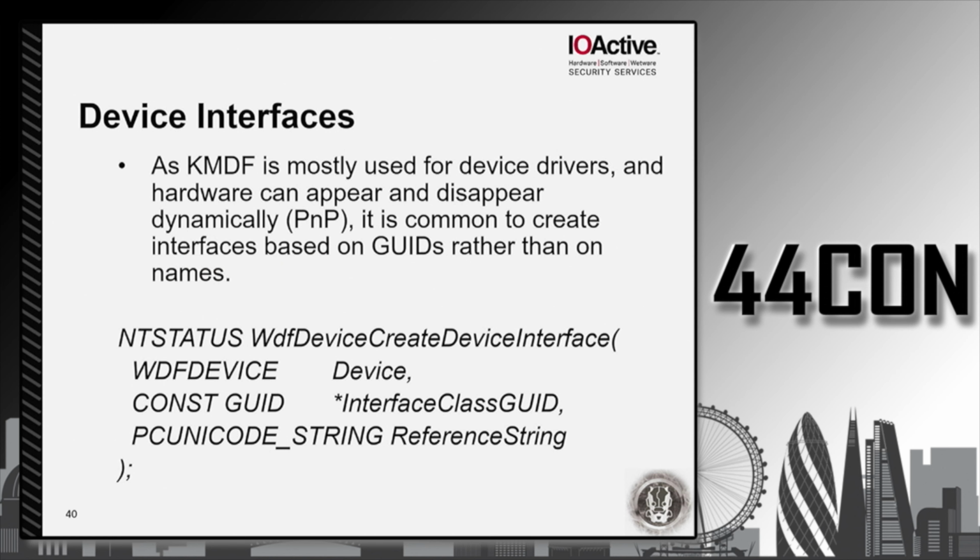And a device interface. KMDF, again, is mostly for device drivers and bus drivers, and they cannot use names. They are using GUIDs instead, and we need to do another kind of steps to open a handle.